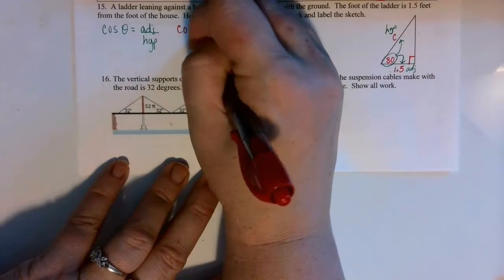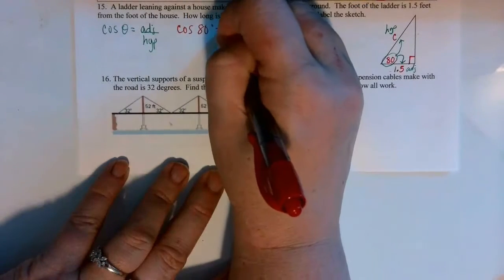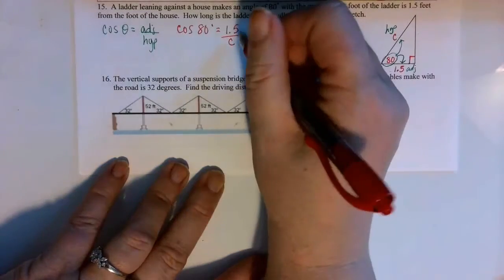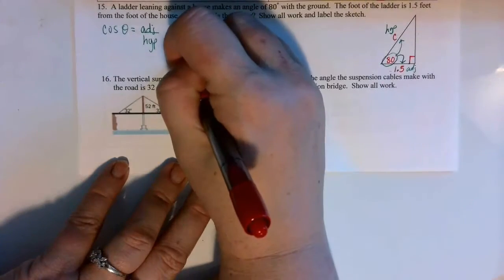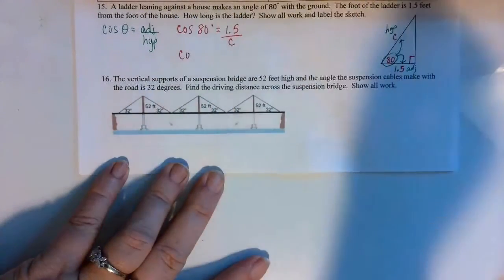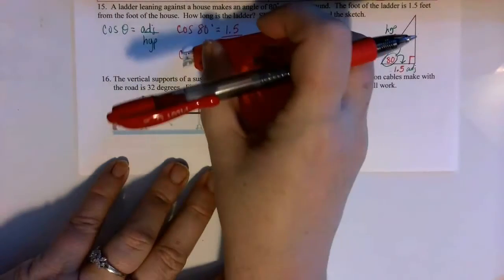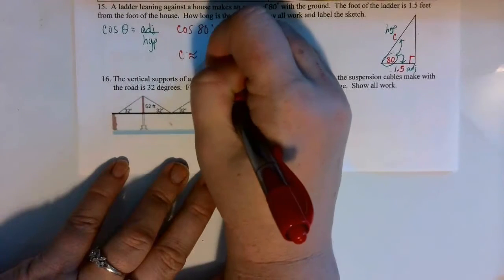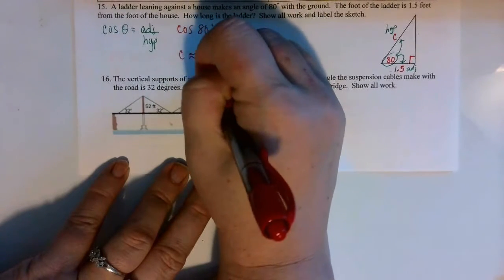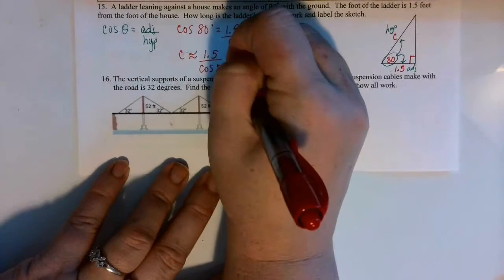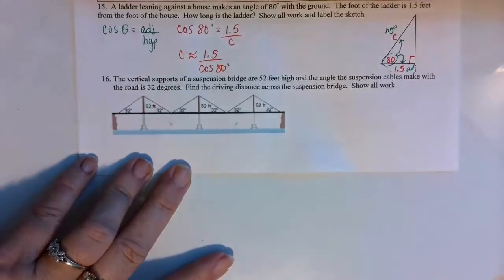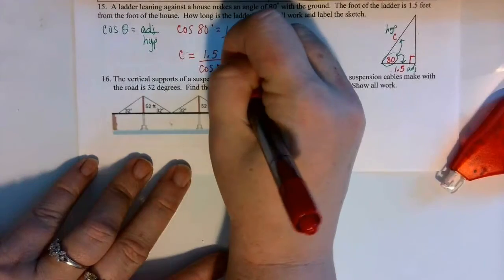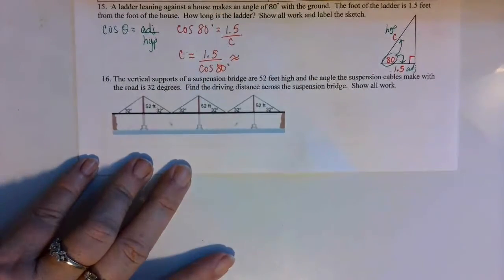So the cosine of my angle, 80 degrees, is equal to 1.5 divided by C. I'm going to cross multiply and divide both sides by cosine of 80, and the C then is approximately equal to 1.5 divided by the cosine of 80 degrees. Oops, actually C is exactly equal, and then that is what gets approximated.